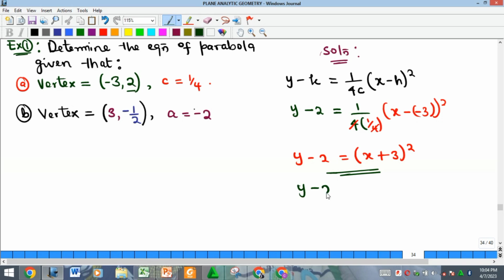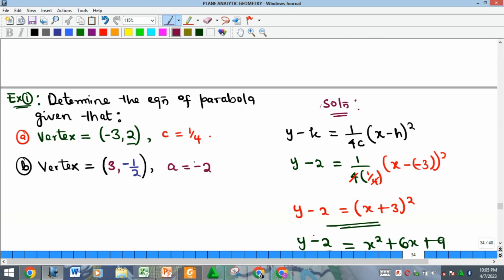So we are going to have y minus 2 is equal to, this is going to give us x squared plus 6x plus 9. So if we take every other constant to the right hand side, we'll have that y is equal to x squared plus 6x plus 11. So from here now, you can see that this is actually in the form of the quadratic equation that we talked about.